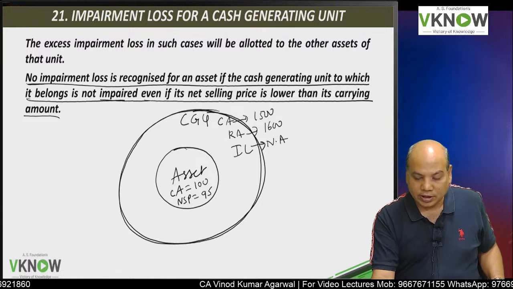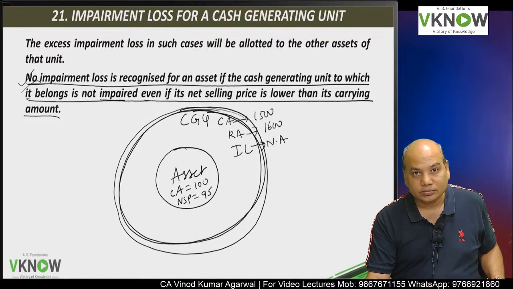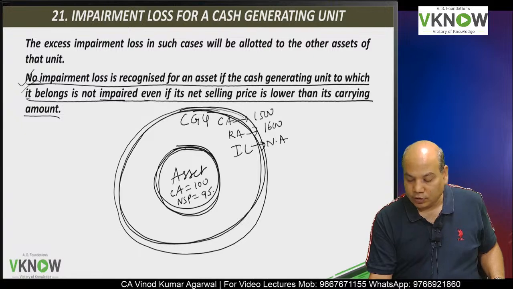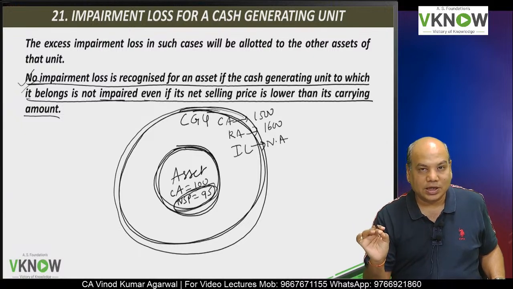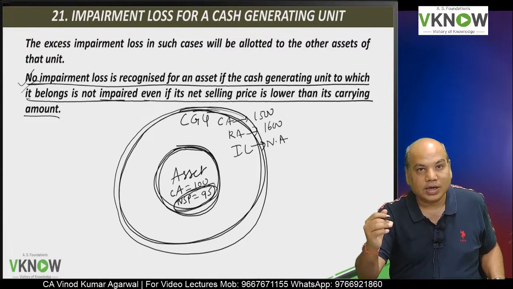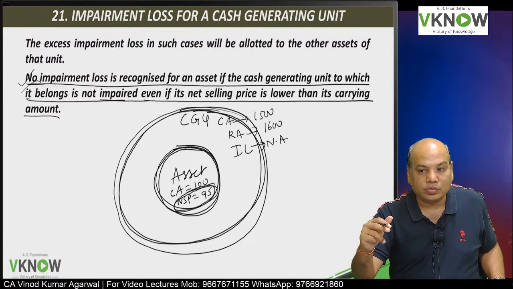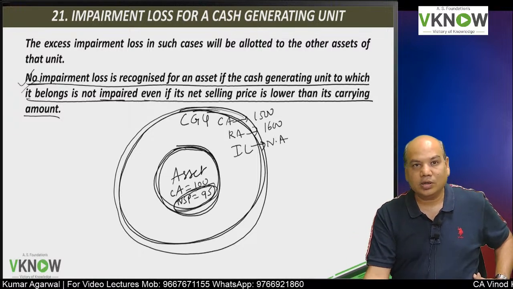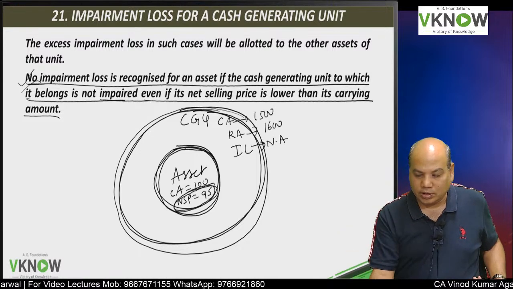So what the standard is saying, if the CGU is not impaired, the asset is also not impaired, even though there is a possibility that its net selling price may have gone down below the carrying amount, but net selling price is not recoverable amount. We have to take value in use, and value in use is not calculable here because it does not generate independent cash flow. So asset is not impaired.